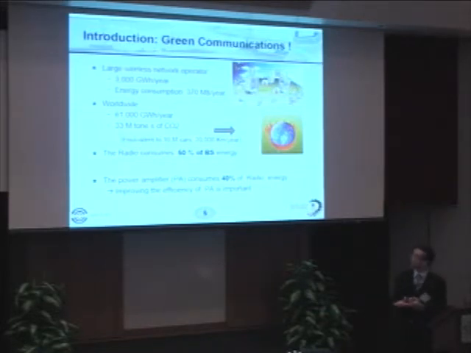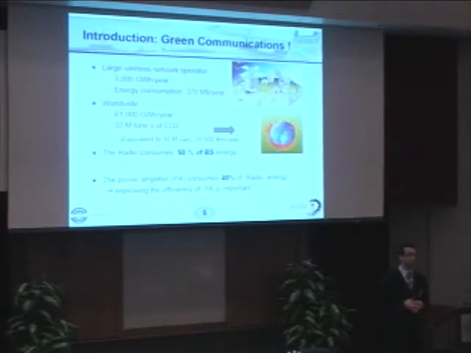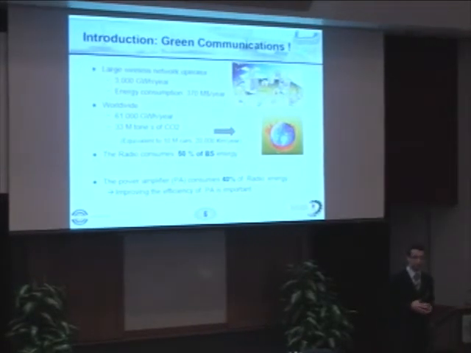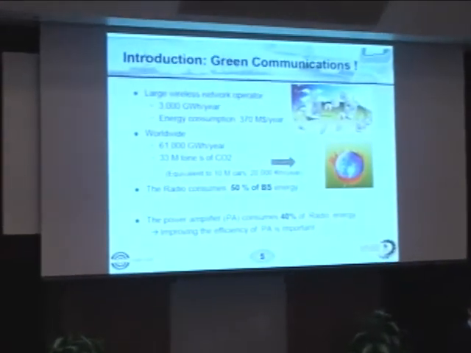And here are some figures that show how important this is. For example, a large wireless network operator consumes about 3,000 gigawatt hours per year, and this will cost around $370 million per year. On a worldwide scale, the consumption is about 61,000 gigawatt hours per year, which is equivalent to 33 million tons of CO2 gas emission.